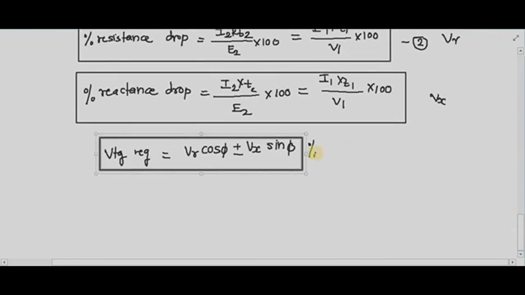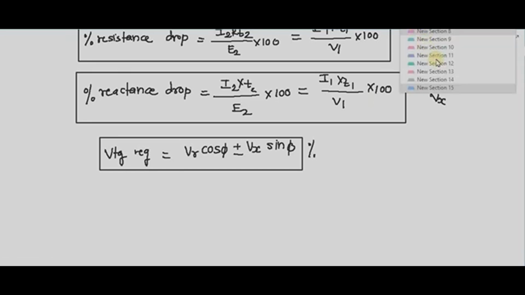Here VR is the percentage resistive drop and Vx is the percentage reactance drop. The percentage resistance and reactance drop on full load are usually referred to as the percentage resistance and leakage reactance of the transformer, normally in all types of transformers. So in this way we got the mathematical expression for the voltage regulation of the transformer.